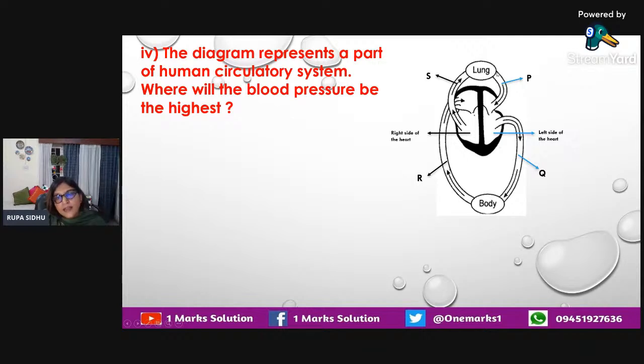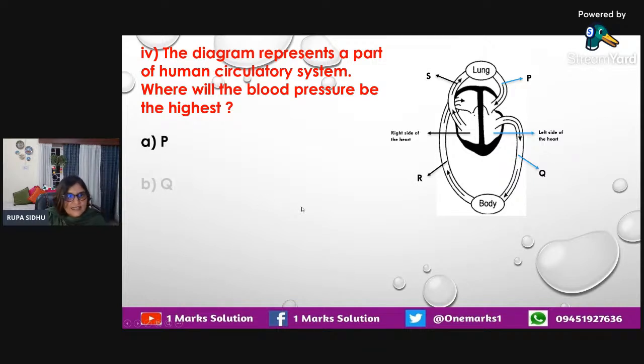From the lungs, it is coming back to the left auricle. Here too, the blood pressure is not very high. And then from the left ventricle, the blood is pushed with a lot of pressure through the aorta, which then distributes it to all parts of the body. Let's see the options.